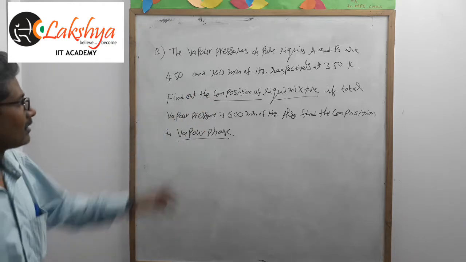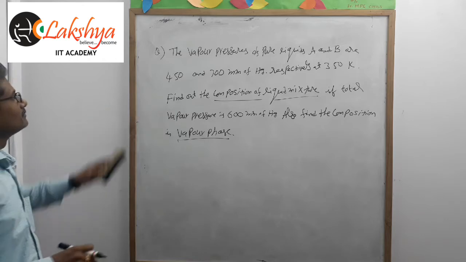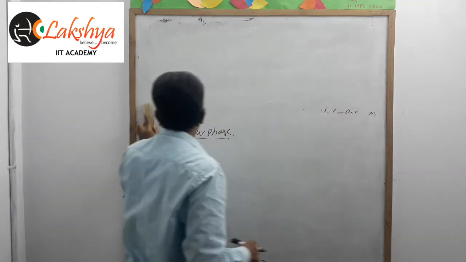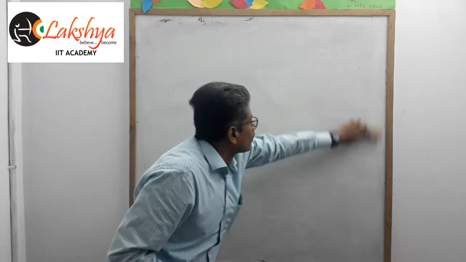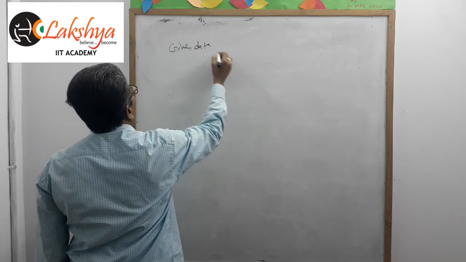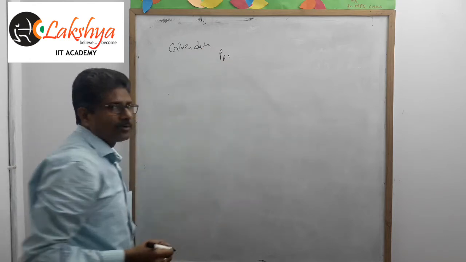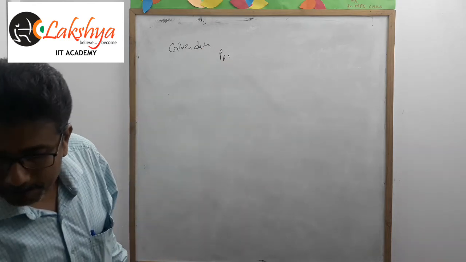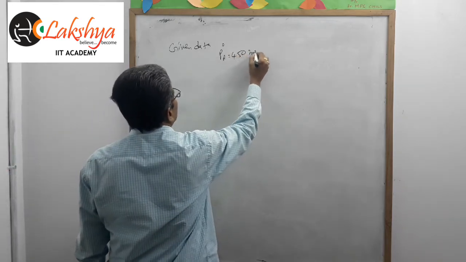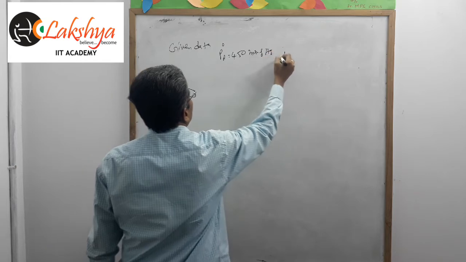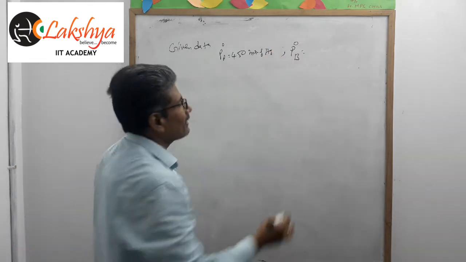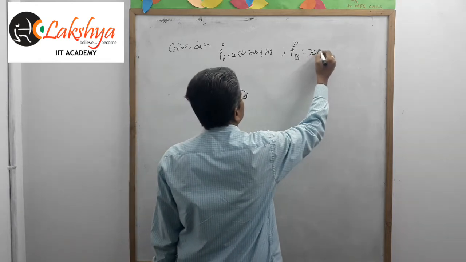Right. Note down. I am erasing that one. Given data: P naught A is equal to 450 millimeters of mercury and P naught B is equal to 700 millimeters of mercury.